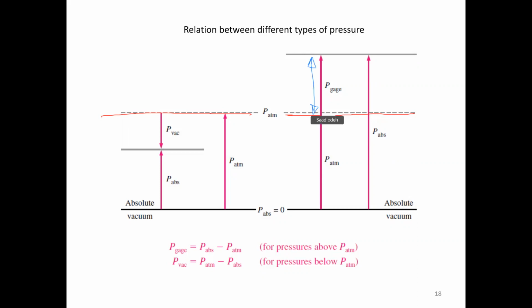So this is P atmosphere, and this is P gauge. If I add them together, I will get P absolute. So absolute pressure is equal to P atmosphere plus P gauge.